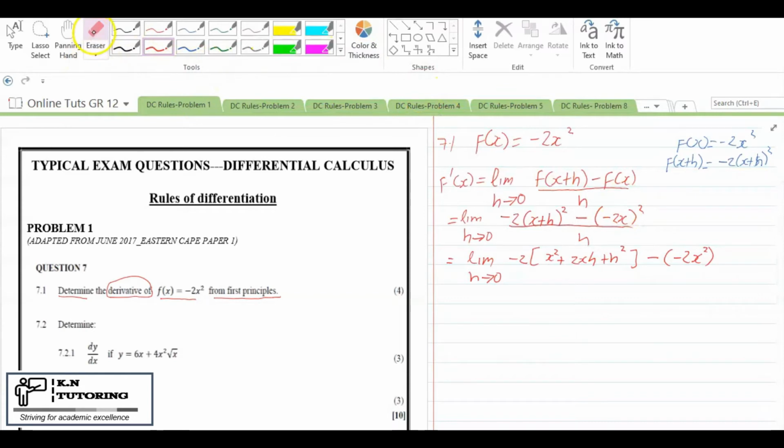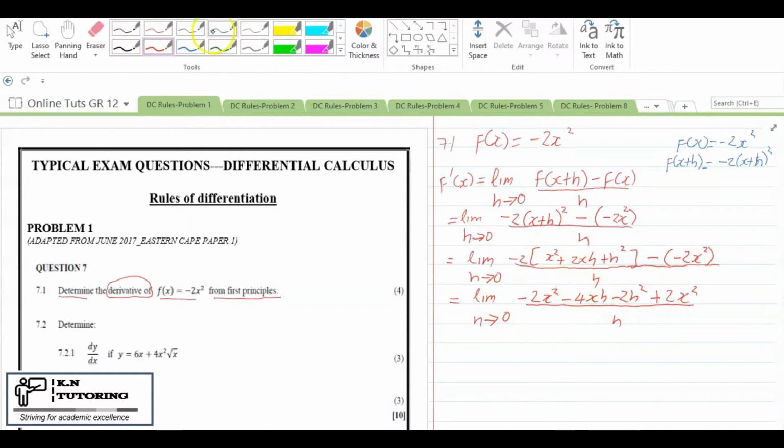This squared was supposed to be here, because that was going to change the expression there, divided by h. Now I'm going to remove the bracket, limit as h approaches 0, because we're going to have minus 2x squared minus 4xh minus 2h squared plus, because negative times negative is positive, 2x squared, and then divide by h.